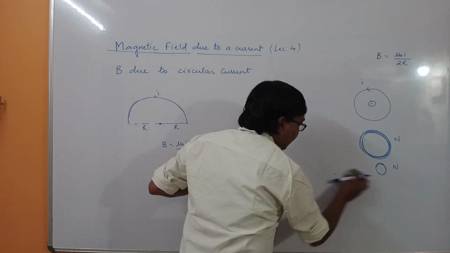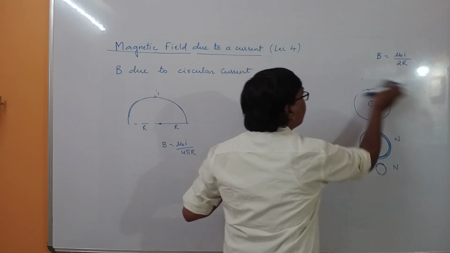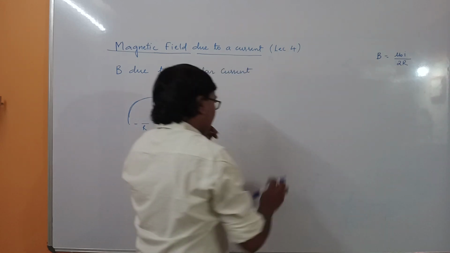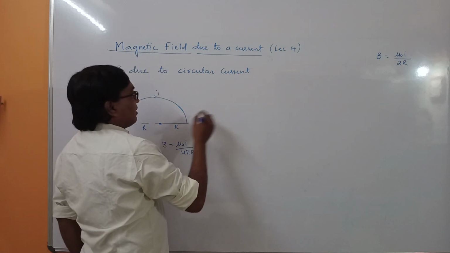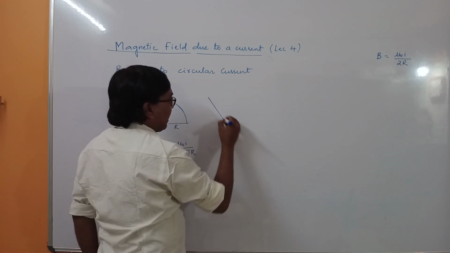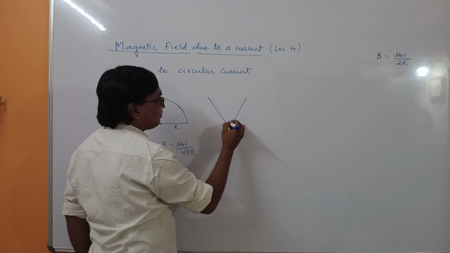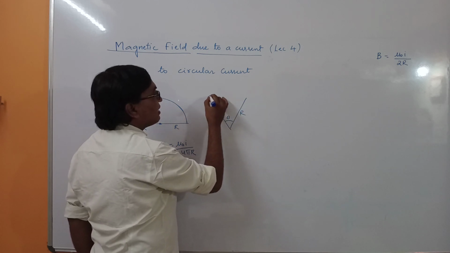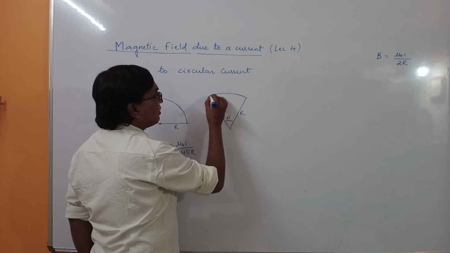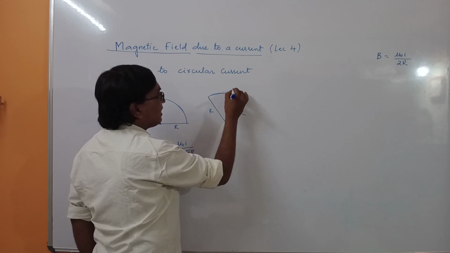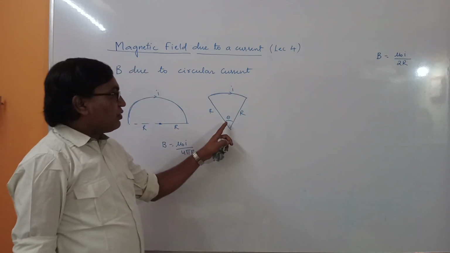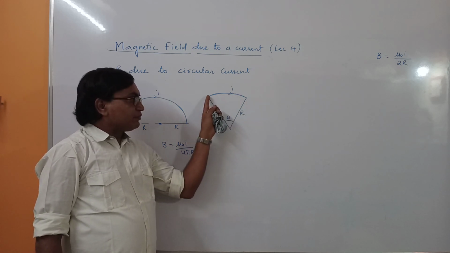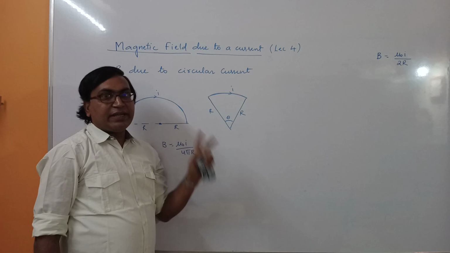So the magnetic field will be due to each loop. Suppose you have an arbitrary angle, so this is theta, this is the radius, and a loop is given carrying a current I. Now we want to find the magnetic field due to this loop at its center.